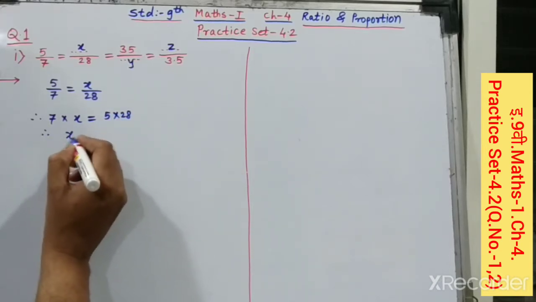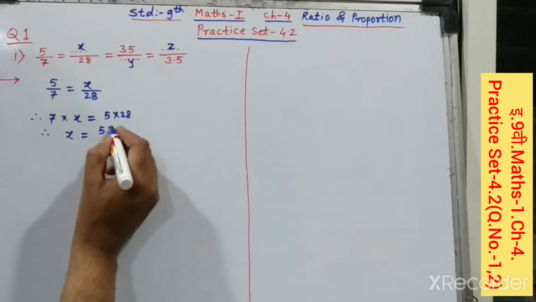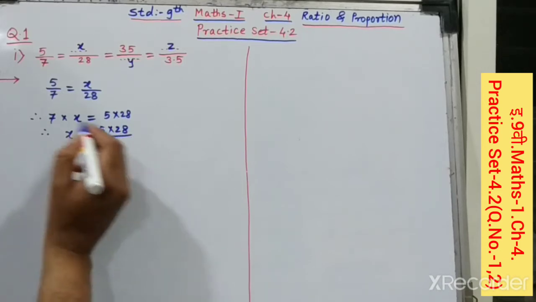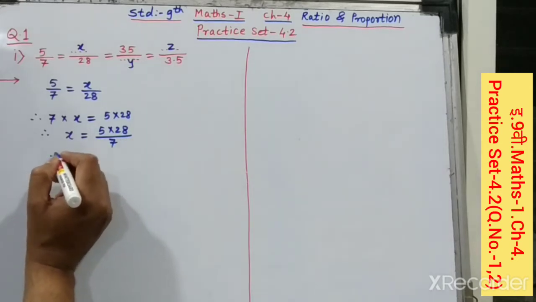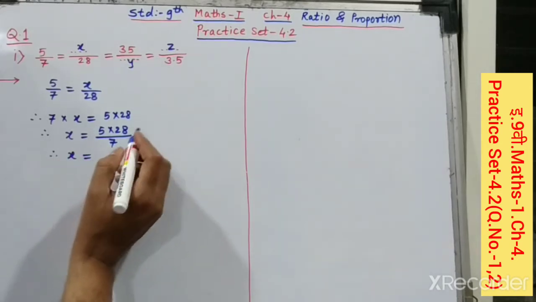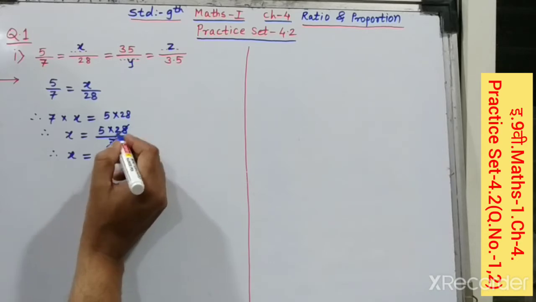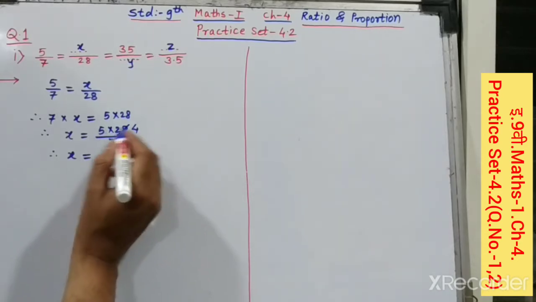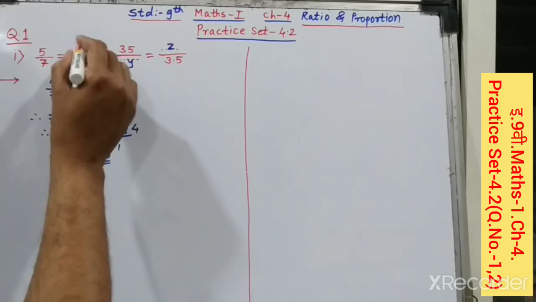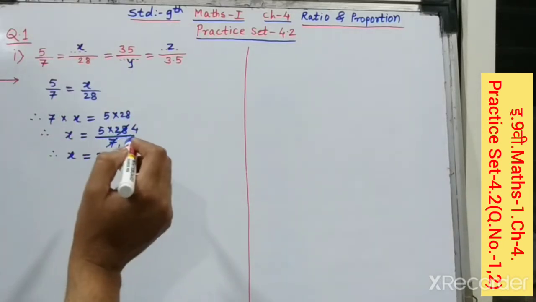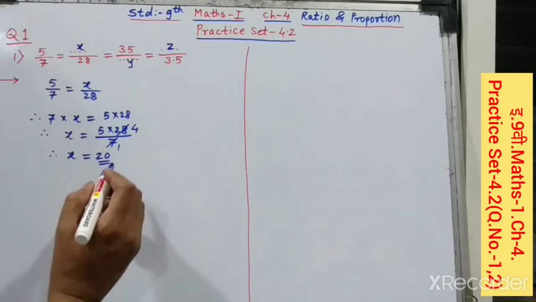So x is equal to 5 into 28, this 7 taken to the right hand side will be in the denominator. So x is equal to, now here 7 ones are 7, 7 fours are 28. So 5 fours are 20. So the answer of this x is 20 here.